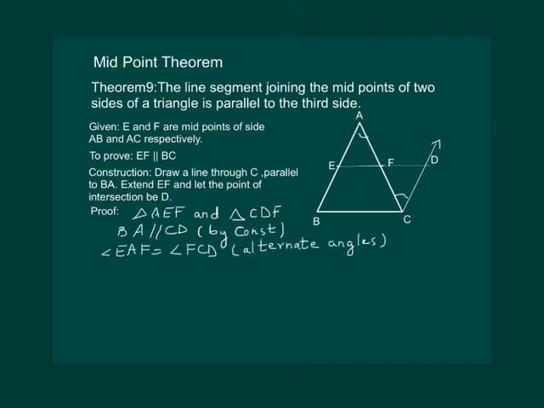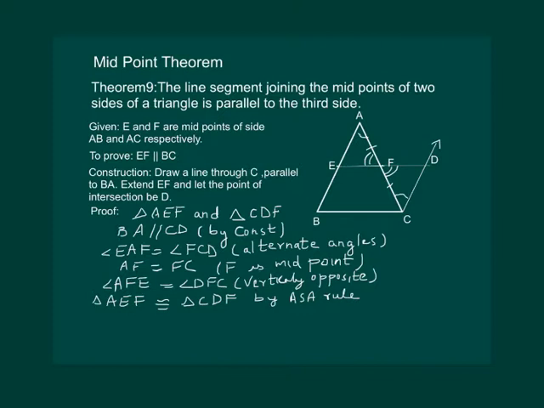Also, since F is the midpoint of AC, AF is equal to FC. Angle AFE will be equal to angle DFC, as these are vertically opposite angles. Hence, triangle AEF is congruent to triangle CDF by the ASA rule.